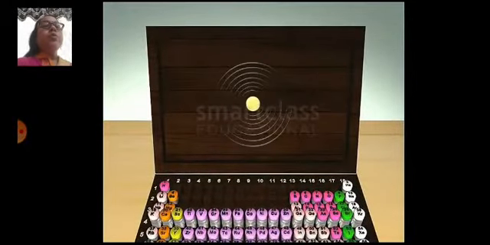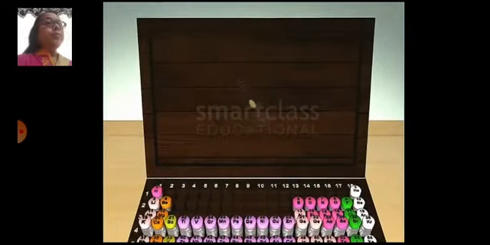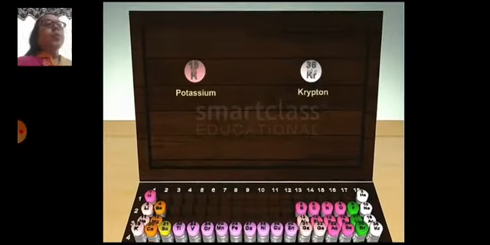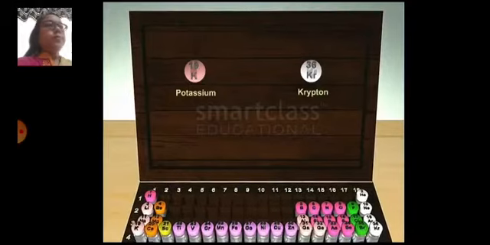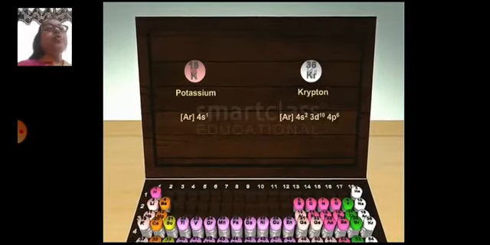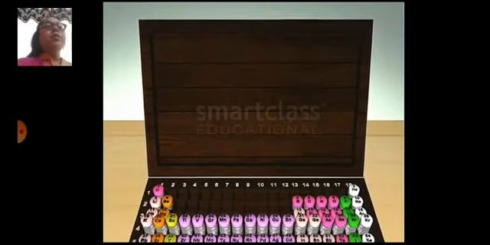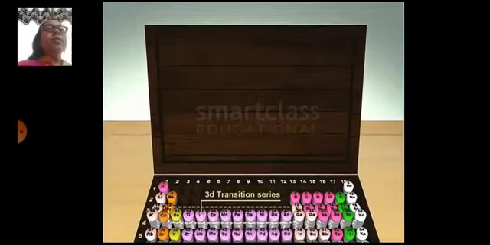Now the fourth period, where the N shell starts filling, for example potassium and krypton. Potassium is the first element and krypton, the noble gas, is the last element.